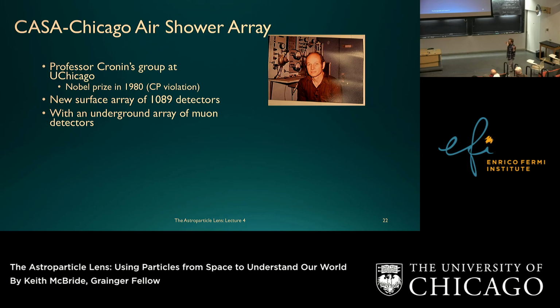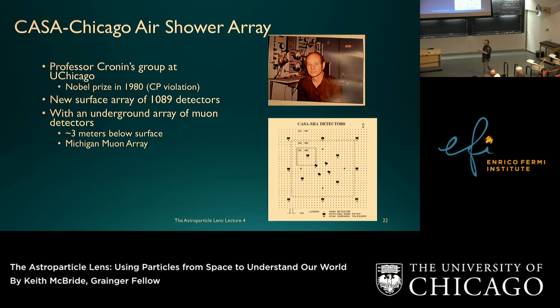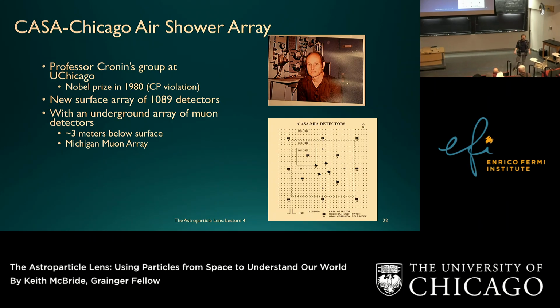We're going to make almost 1,100 detectors spread out over a much bigger area. And we're also going to couple it with an underground array of muon detectors, right? So the scintillators are on the surface, and now underneath, we're going to put a bunch of muon detectors, right? And so the description here was the Michigan muon array with CASA was CASA MIA.